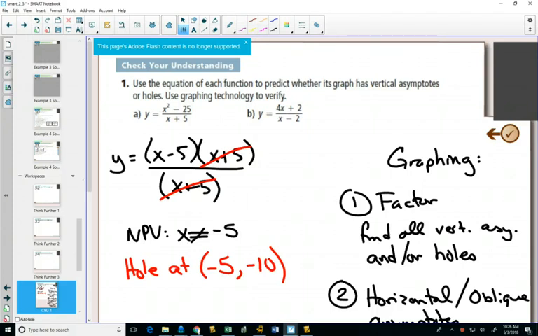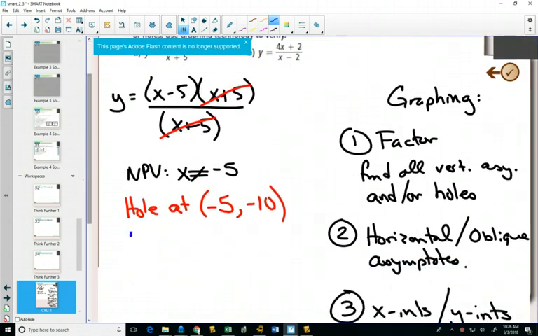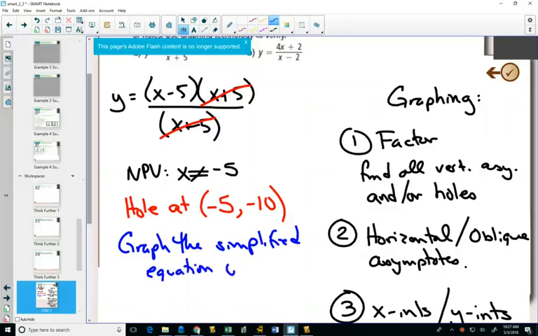Okay? And now, we're going to graph the simplified equation, which happens to be y equals x minus 5, with the hole.